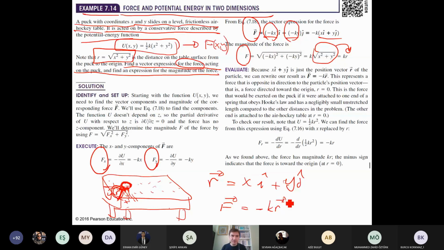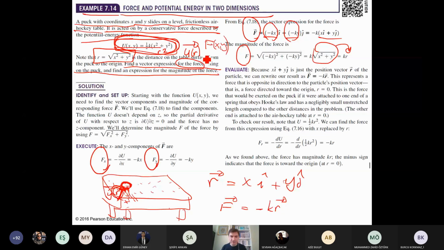Here we have the potential energy formula. What do you see here? x squared plus y squared. What is this? This is R squared, okay? Potential energy in terms of R can be written as 1/2 k R squared.